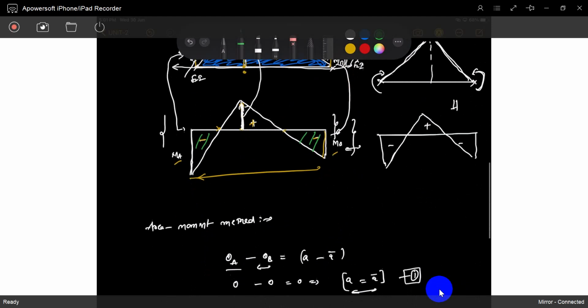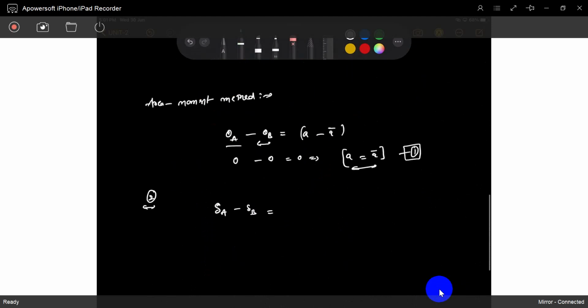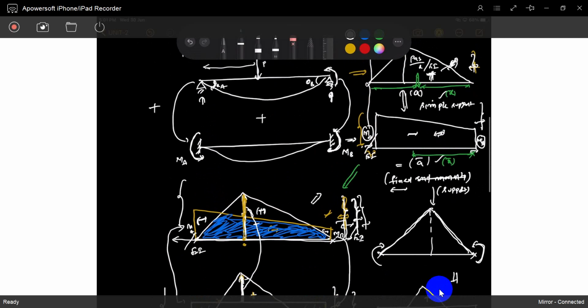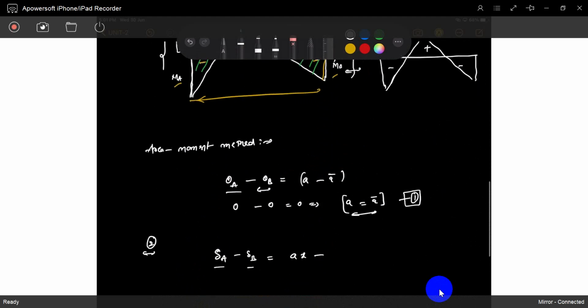So I will choose delta A minus delta B equal to what? The area of the first diagram and center of gravity x, and the next one is a negative area. Are you understood? This is negative. The next one is the area and x dash. So that will give the difference of these deflections.